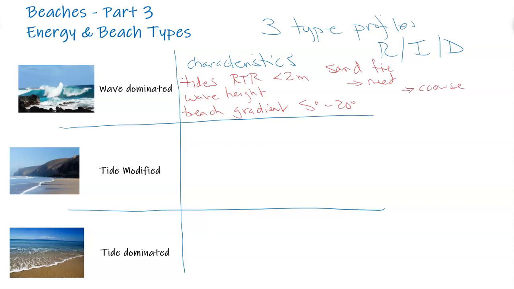So what types of profiles are created? So you do get the reflective beach profile with wave dominated. You also get 4 different types of intermediates, and those different types include things like having a rhythmic bar, so basically bars in a certain place and a pattern of swash and backwash, and onshore and offshore movement of transport of water and sediment, transverse bars which come out perpendicular basically, or even have a low terrace.